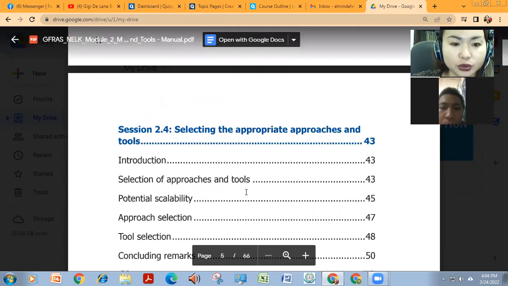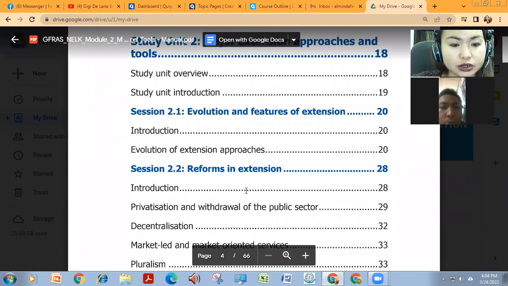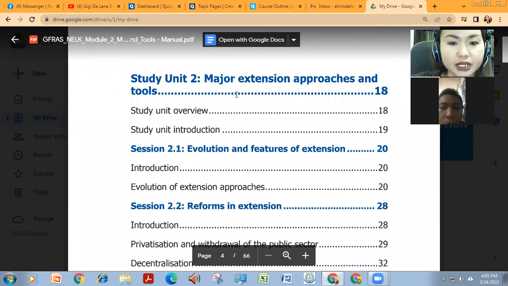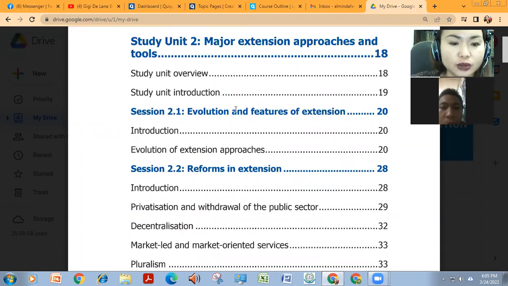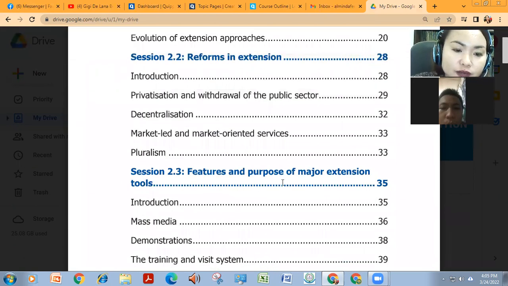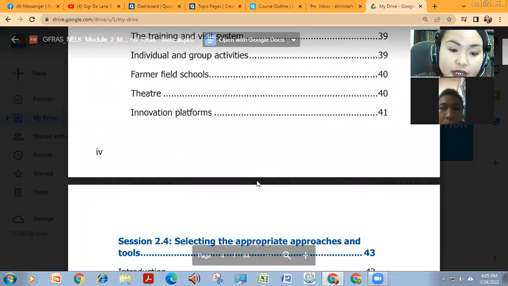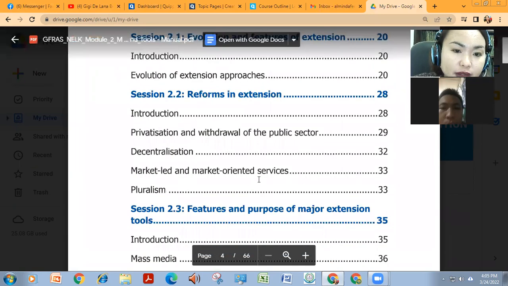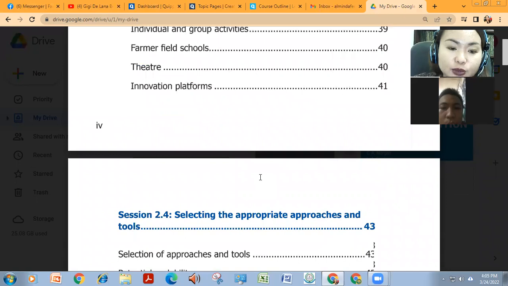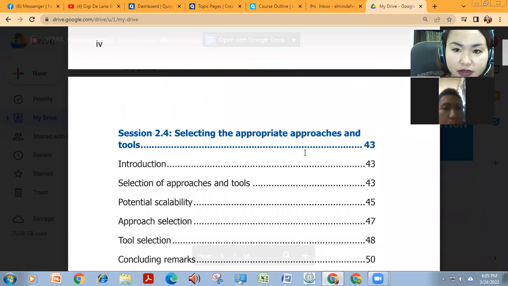And although it is just two units, in unit 2 there are sessions. Unit 2 will be the major extension approaches and tools. So starting midterm, pre-final, and final. From the midterm, and then 2.3 is pre-final, and then 2.4 will be our finals.